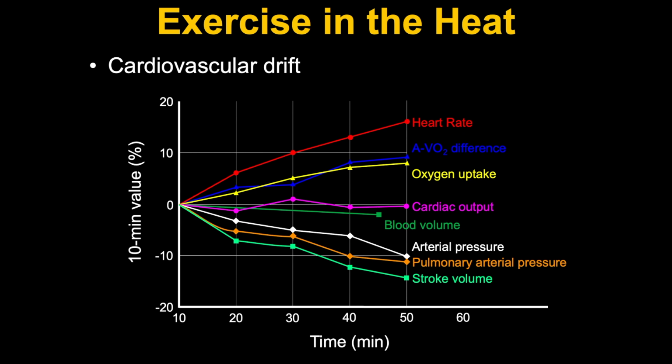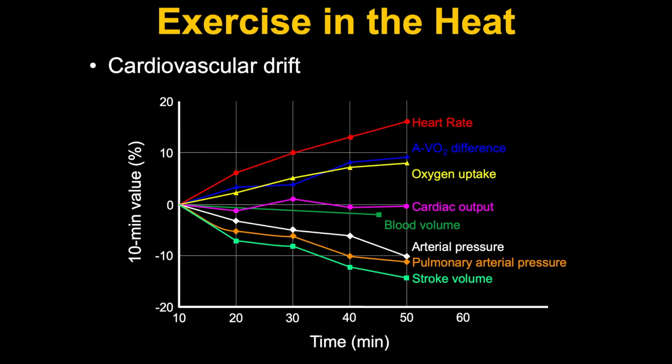If we look at the AVO2 difference, we see a steady increase in that difference, meaning that we've extracted more oxygen from systemic circulation. It's pretty apparent that the approximate 8% increase in VO2 after about 50 minutes of prolonged steady-state exercise is accounted for by the increase in extraction. But this can only partially explain why there's an increase in VO2.